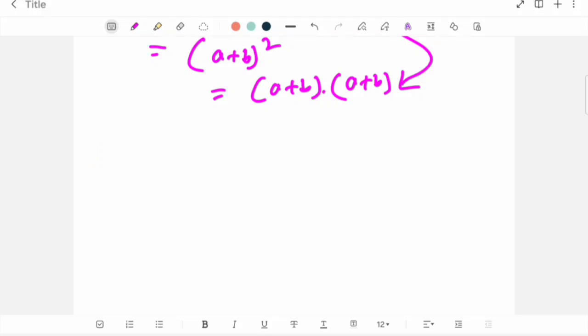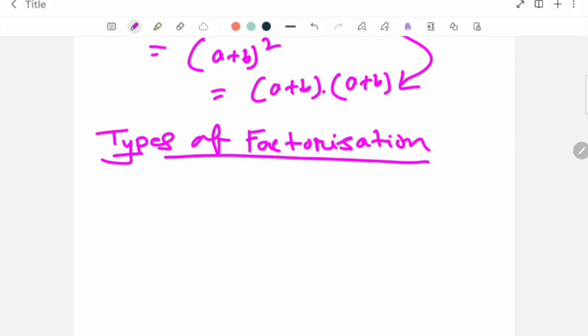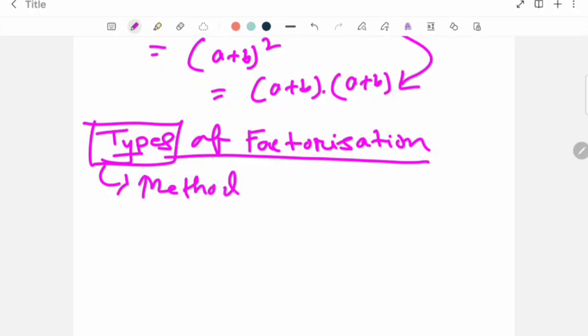So if we write types of factorization, now this is actually not types, actually it is methods of factorization. It will be more appropriate.